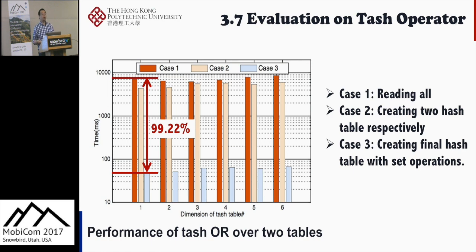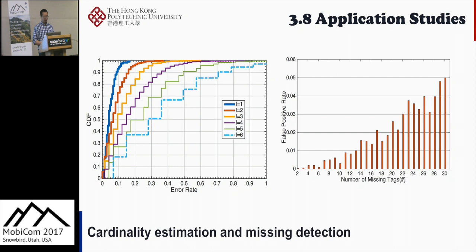In the third case, we create the final hash table with the set operations proposed by our system. We can see that our Tash operator can introduce a 99% drop of the overhead compared with reading all. If you conduct more operations, I think the drop will be larger.